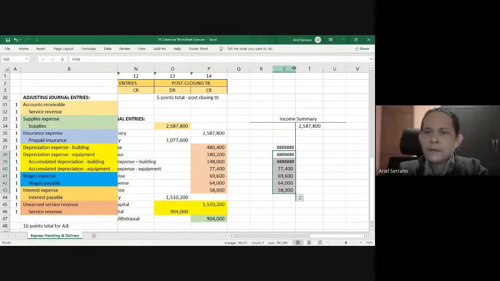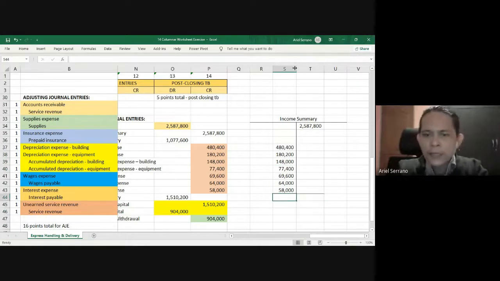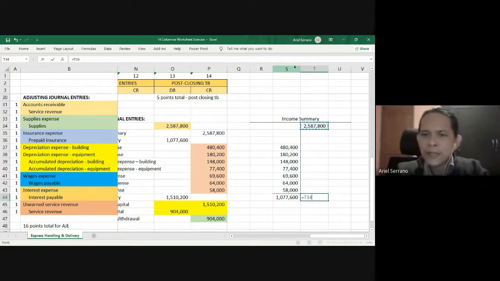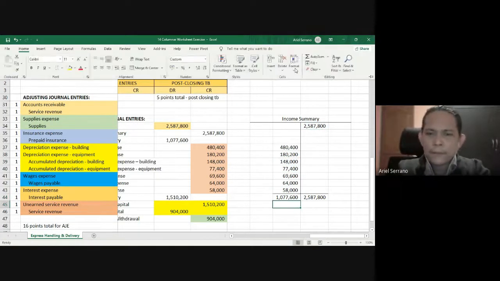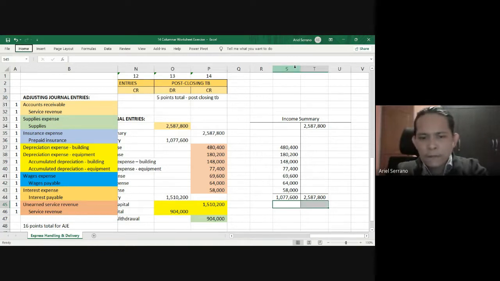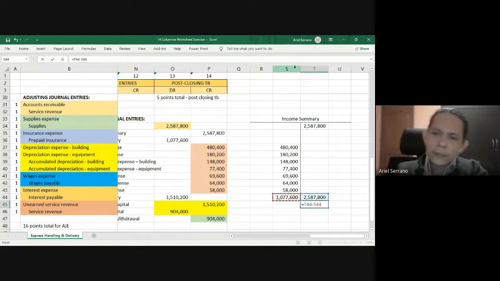Okay. Now, we will get the total. What is our total here? We have to add all the debits and we also have to add the credits. Now, there is a difference of 2,587,000 minus 1,077,000. This is your amount earlier, correct?